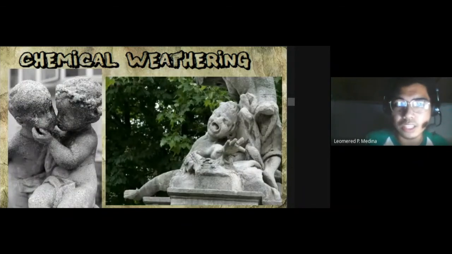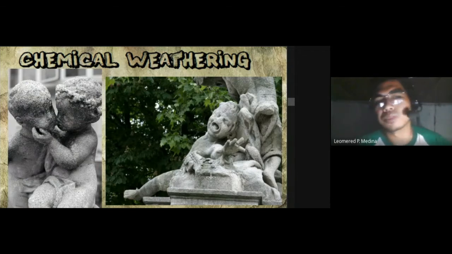The reason why these statues show different types of weathering is actually because of acid rain. So, because of the acidity in the rain, it can actually affect and create chemical weathering on these different types of structures, either man-made or natural.